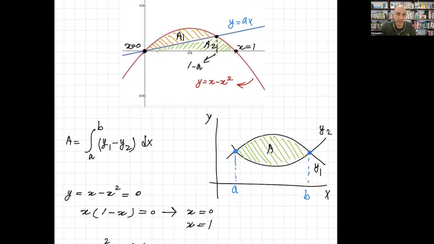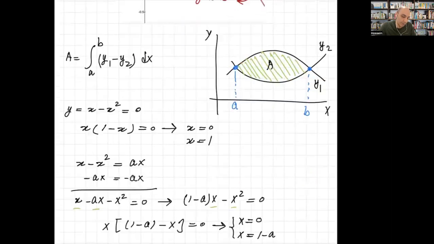But I think it's easier to just find the area under the whole parabola from 0 to 1 and then divide it by 2. I think this approach is easier. I'm going to use this approach.